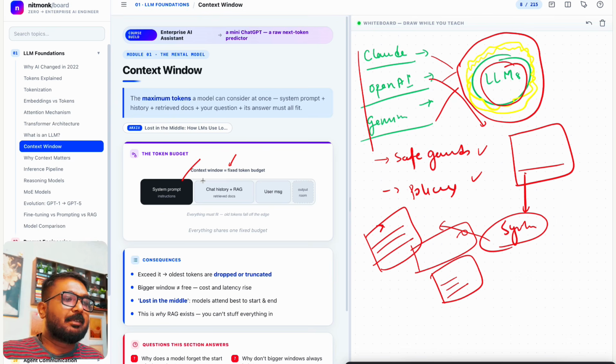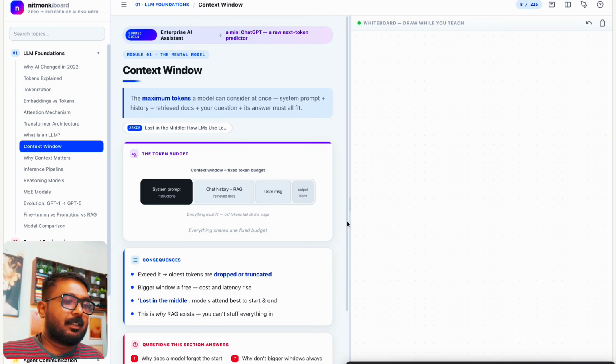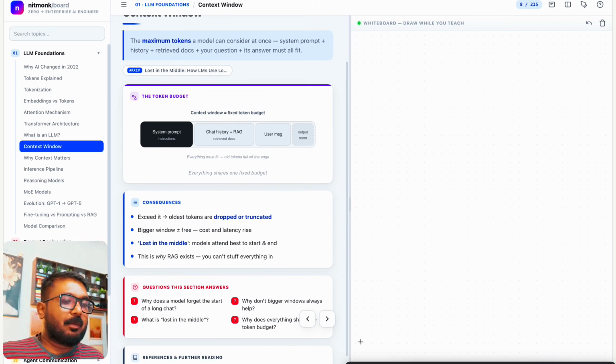And all this happens with this context window. Unless you have the context window right, you won't get a proper personalized answer. This is really important to understand. Correct. Now if you talk about the consequences, like exceeded, oldest tokens are dropped or truncated.